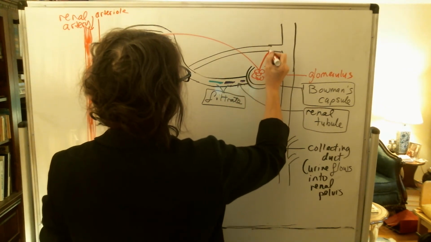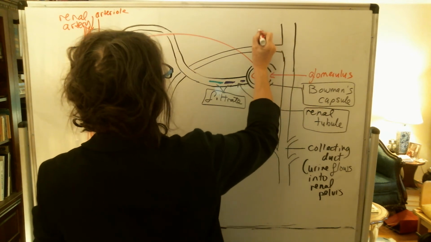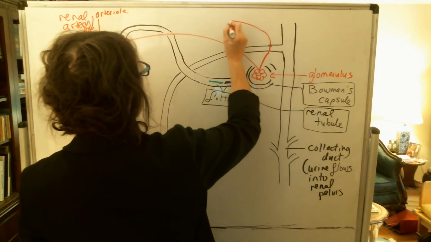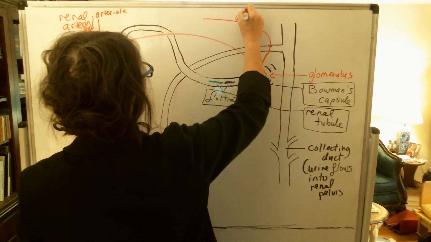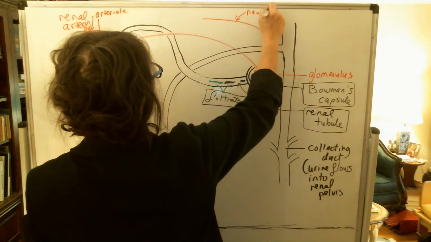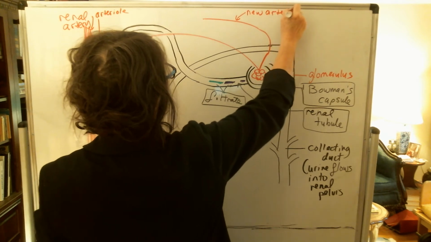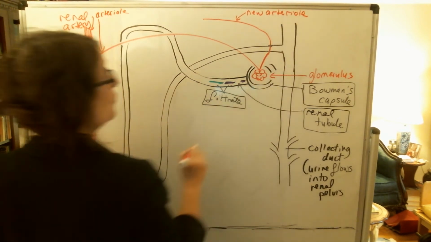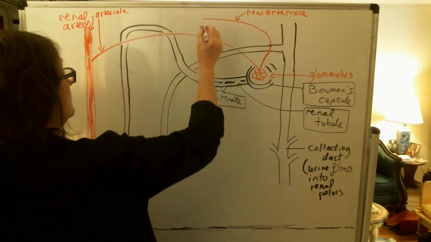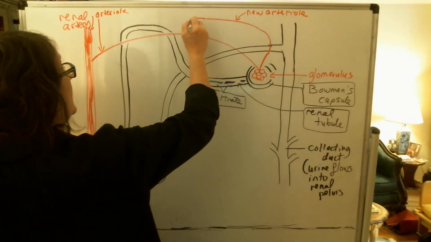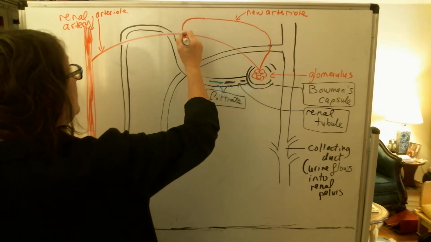So here we have an arteriole. This blood has not yet given up its oxygen. Okay, so here we have a new arteriole formed from the capillaries of the glomerulus. And now this is highly diagrammatic, but bear with me here.